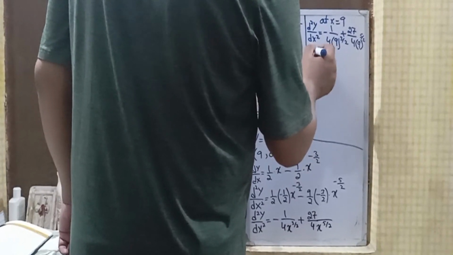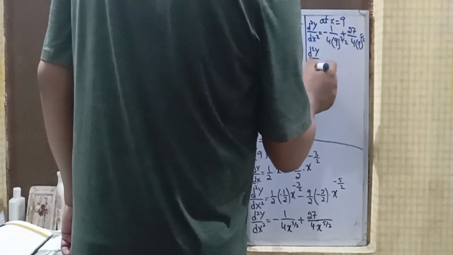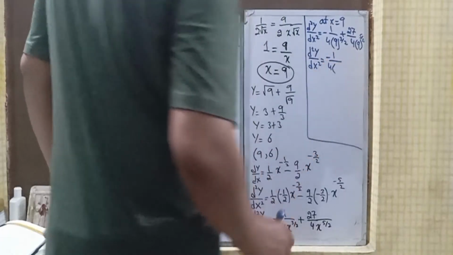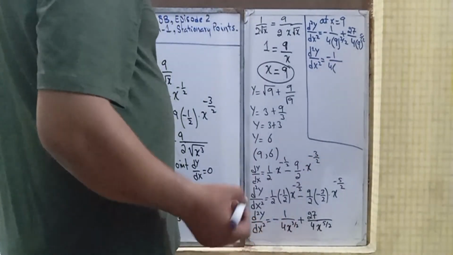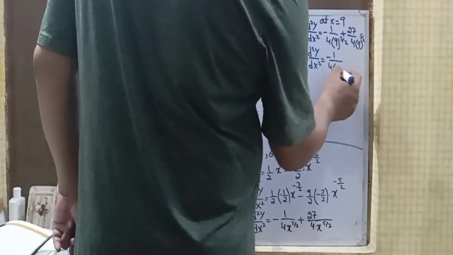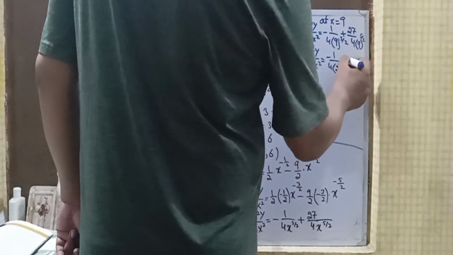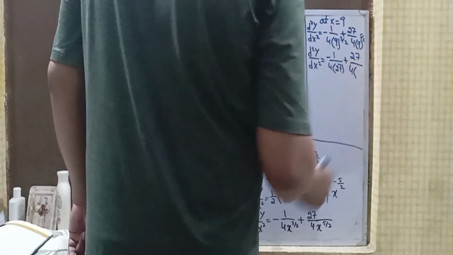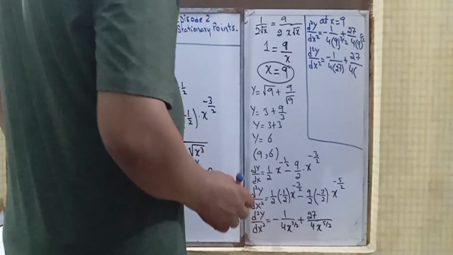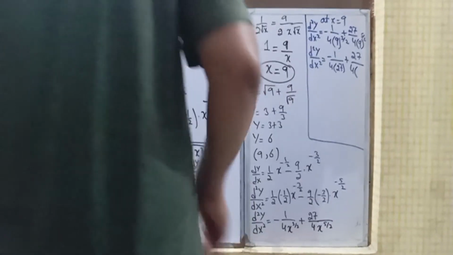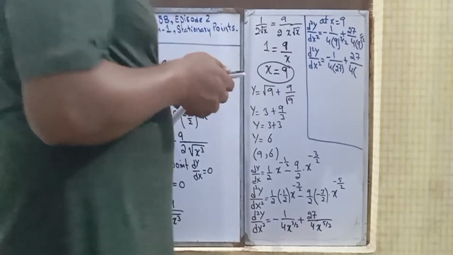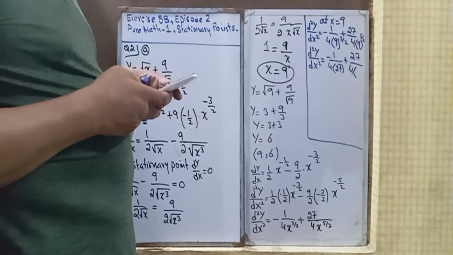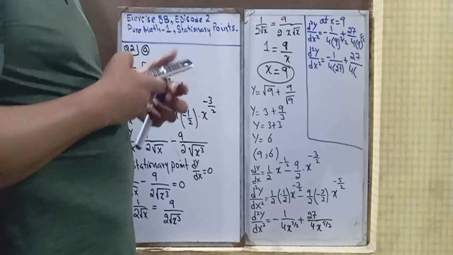When you take 9 raised to power 3 by 2, it will be 27, plus 27 divided by 4 into 9 raised to power 5 by 2. Let me check on the calculator. Its answer is 243.